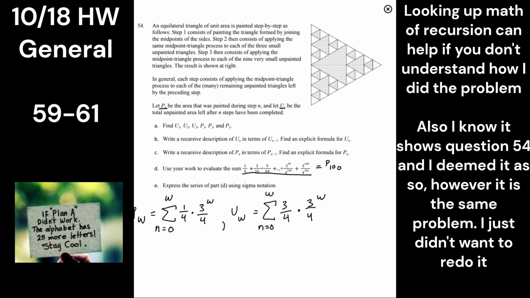And you can write out the sequence too. You start with 3 over 4, and then you count 1, 2, 3, 4, 5, 6, 7, 8, 9, 9 over 16.